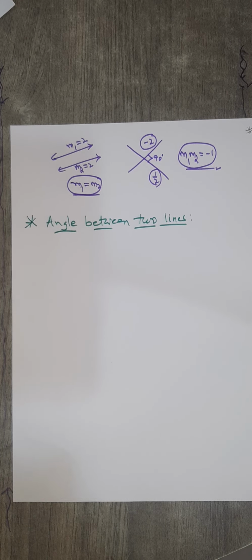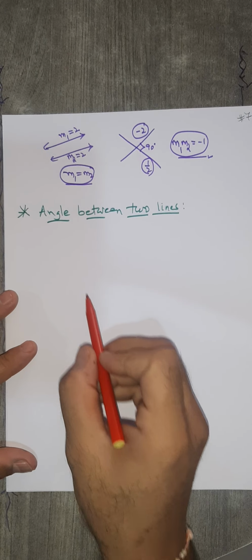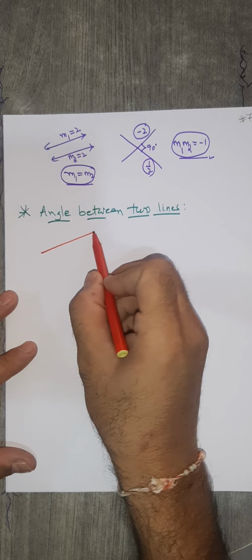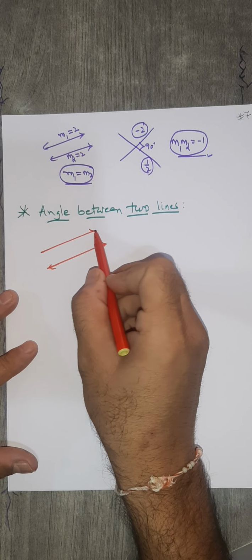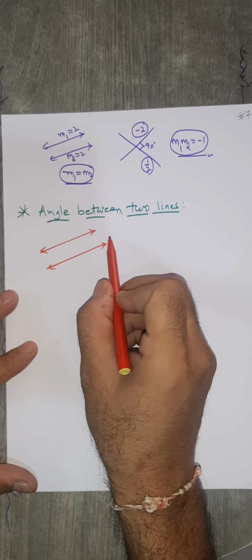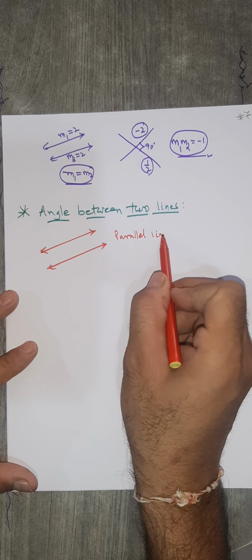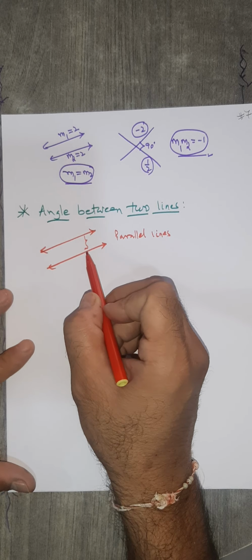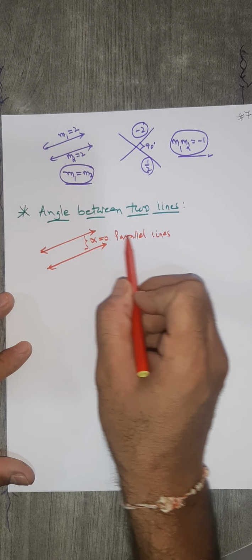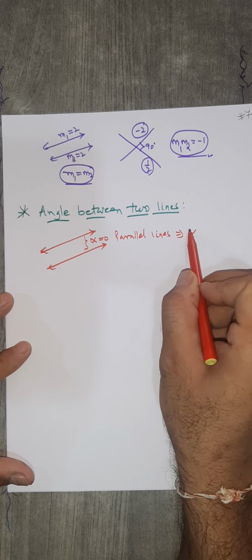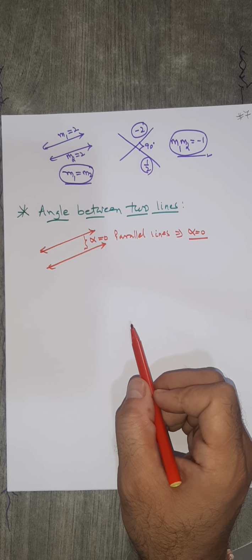Now you see here, if I take parallel lines like this, there is no angle between these two, obviously. If I call the angle alpha, there is no angle between these two, so alpha is 0 in this case.